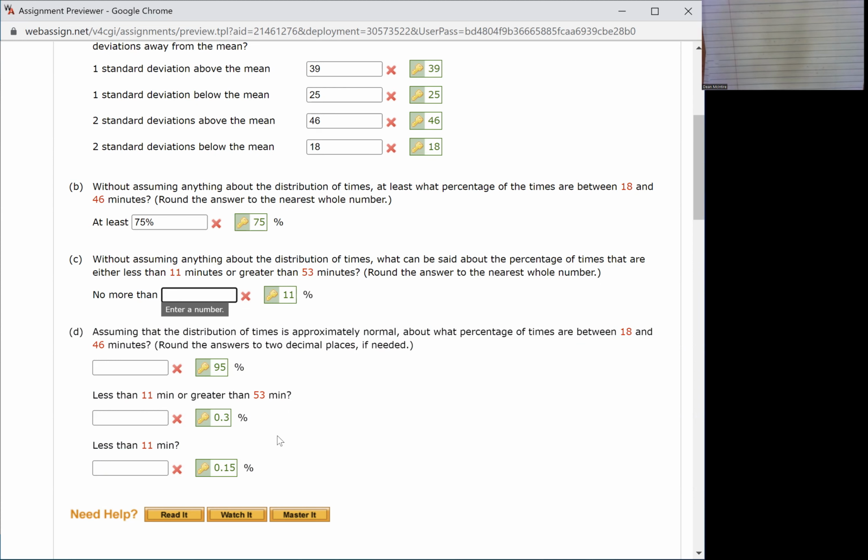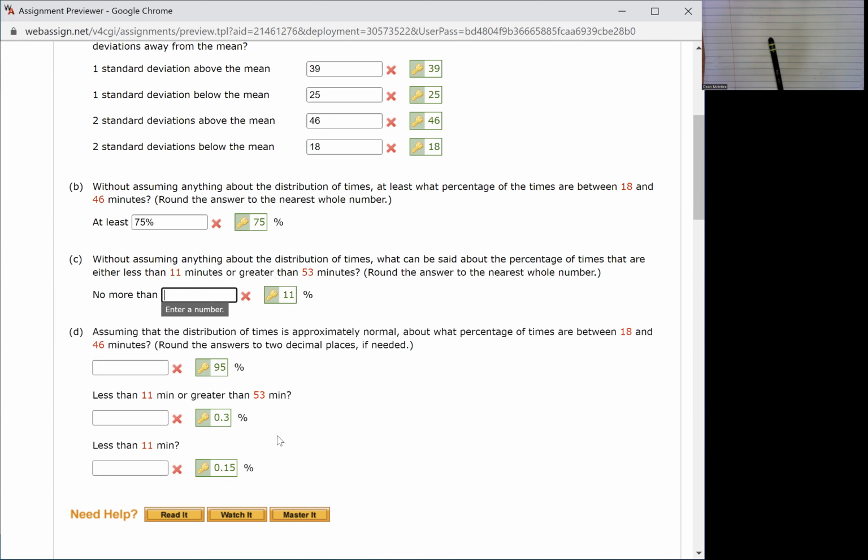So now, when you see "without assuming anything about the distribution of times," we're not saying that the distribution of times is normally distributed. We cannot use the empirical rule about percentages above and below the mean unless it's normal. And we're not assuming anything about it, so we're going to use Chebyshev's rule.